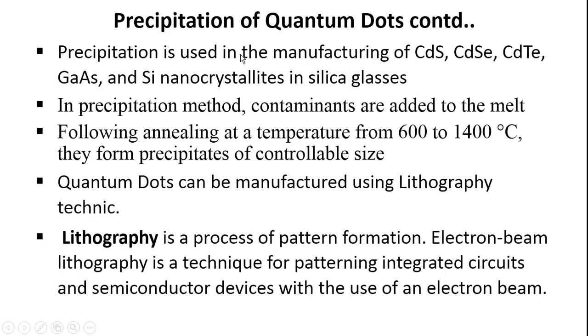And precipitation is used in the manufacturing of cadmium sulfide, cadmium selenide, cadmium telluride, gallium arsenide, and silicon nanocrystallites in silica glasses.